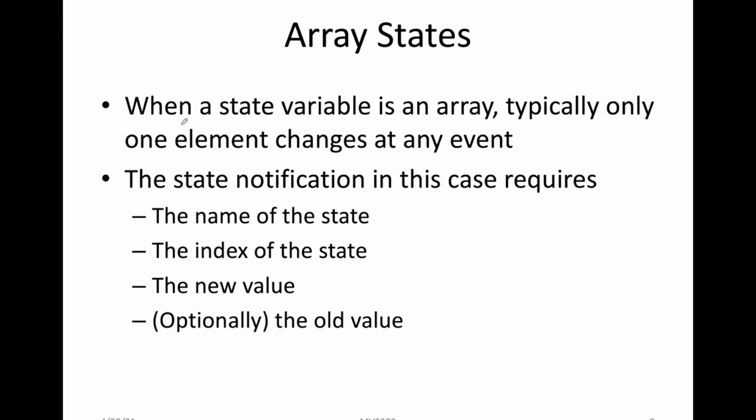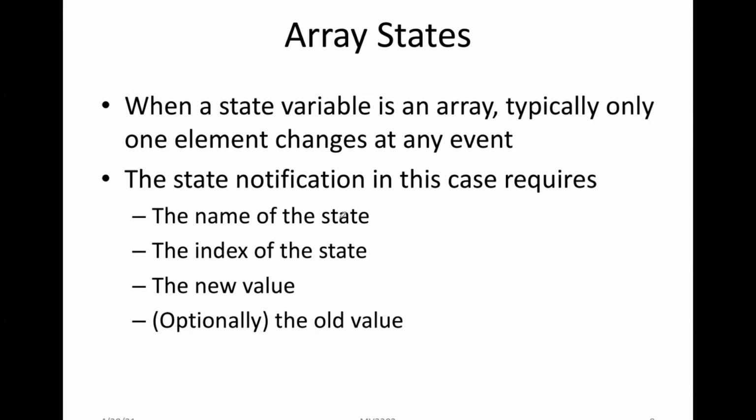Okay, so back to array states. When you have a state variable that's an array, then typically only one element is going to change at any given event. There are cases where there's more than one, but the most typical ones are when one element of the array changes.